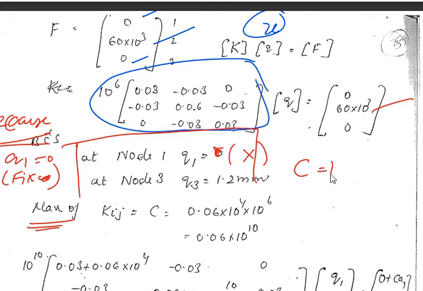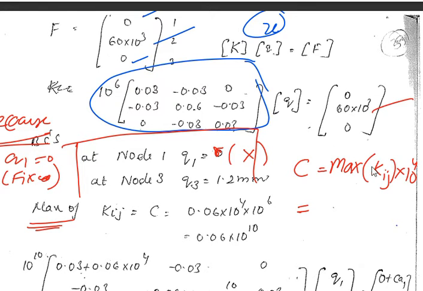C is nothing but the value of maximum Kij into 10 power of 4. Okay, so what is this Kij? Kij means in the global stiffness matrix, you have to find the maximum value. Now it is a 3 by 3 matrix. In this, which is the maximum or highest value?